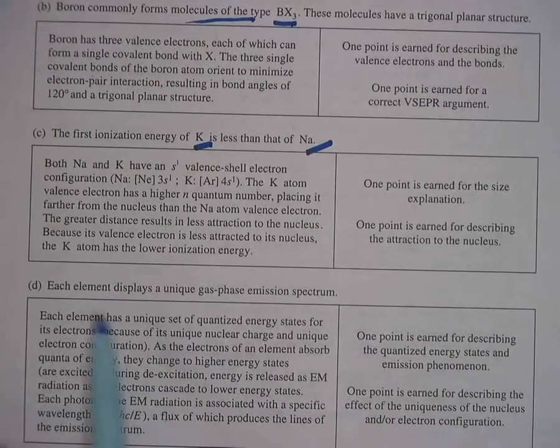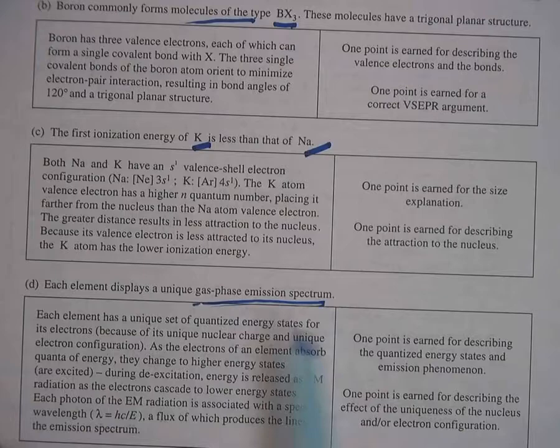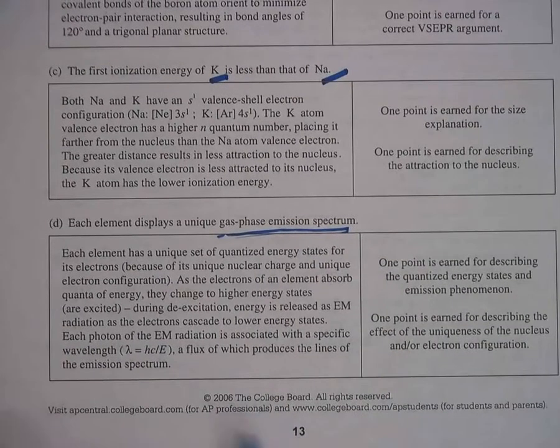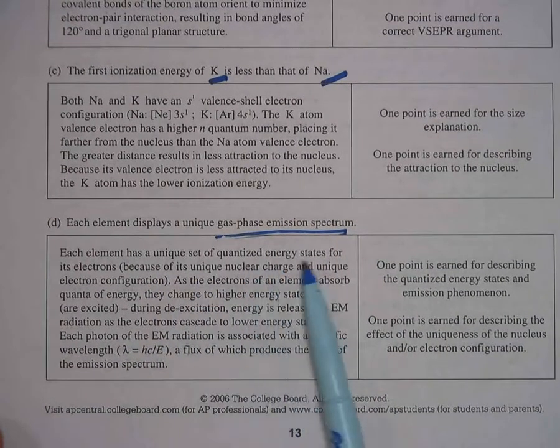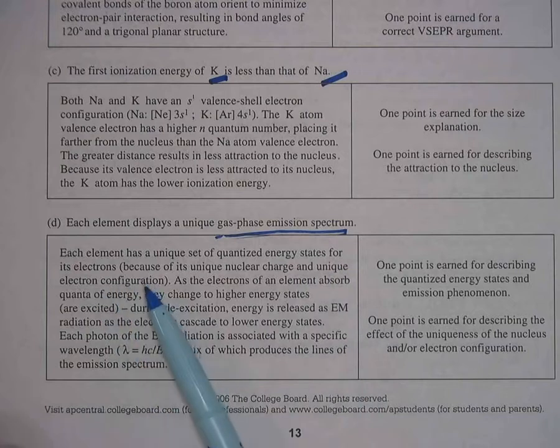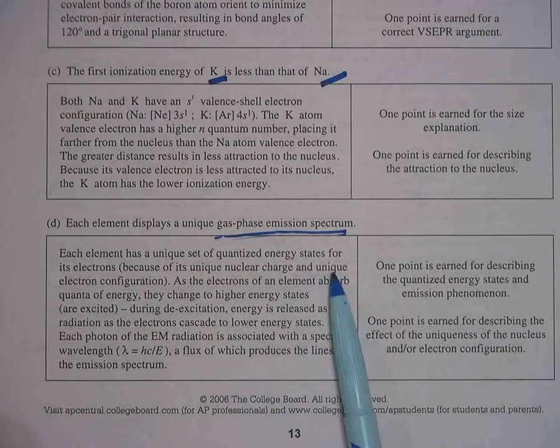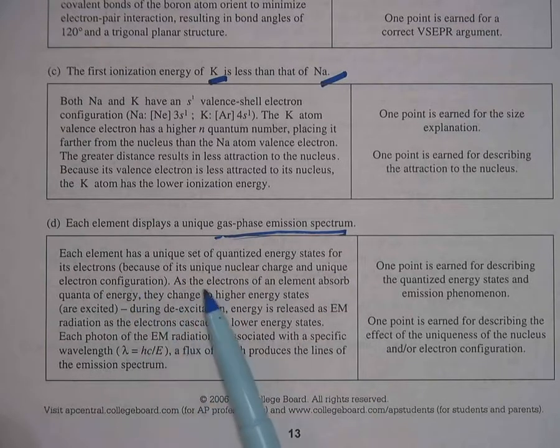Each element displays a unique gas phase emission spectrum. Let's read what they say about this one. Each element has a unique set of quantized energy states for its electrons because of its unique nuclear charge and unique electron configuration. As the electrons of an element absorb quanta of energy, they change to higher energy states and are excited.